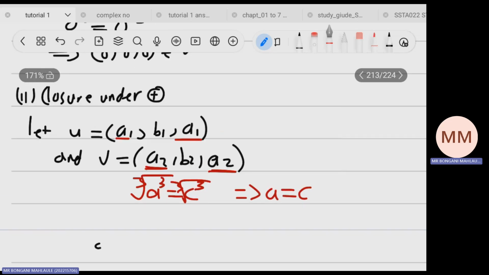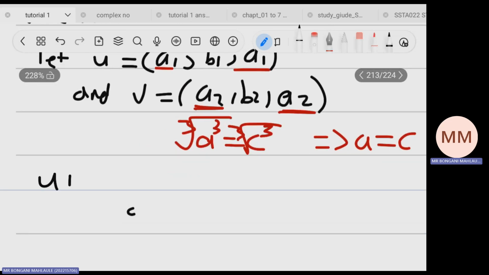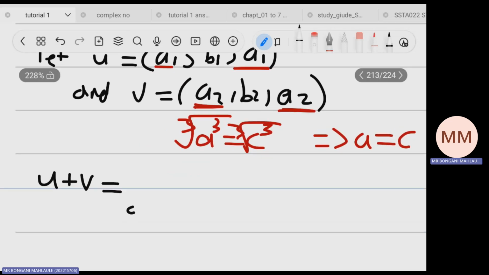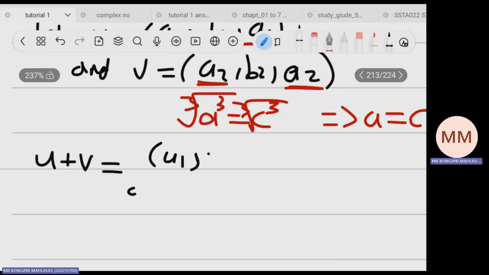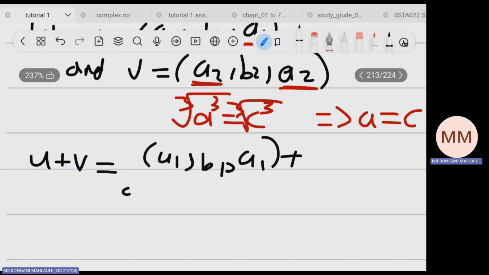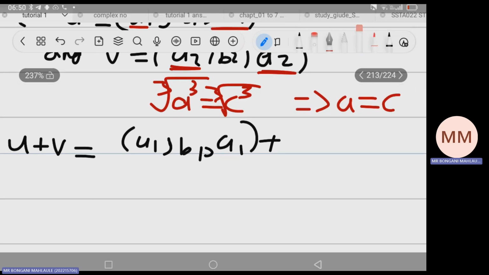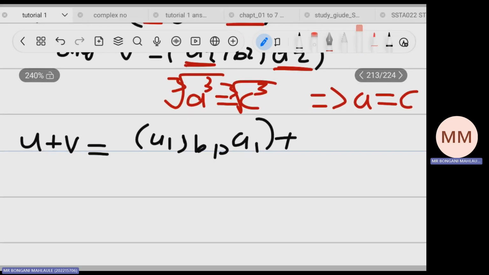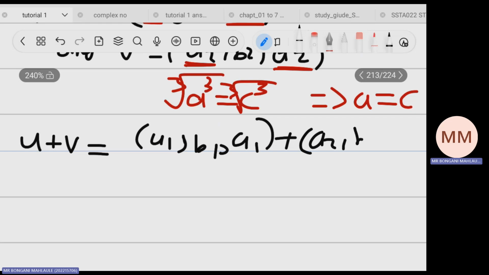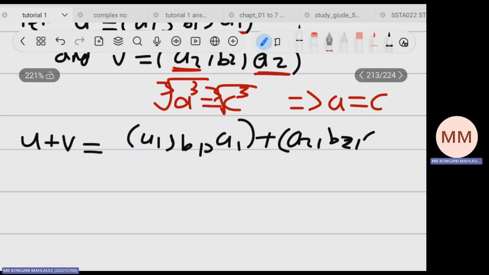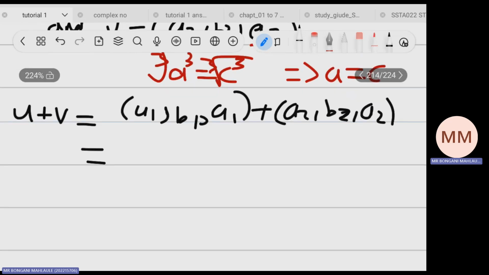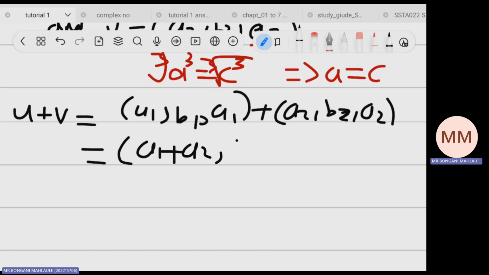So now I want to check the addition of U plus V. It means you'll be adding this, with A2. And this will give us A1 plus A2, then A1 plus A2.